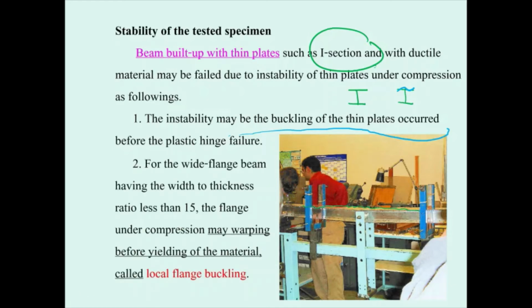For a wide flange beam with a width to thickness ratio less than 15, that is going to be thin. Thin wall section: this beam will get warping. This is the warping, a local flange warping, and it occurs in the compression zone.